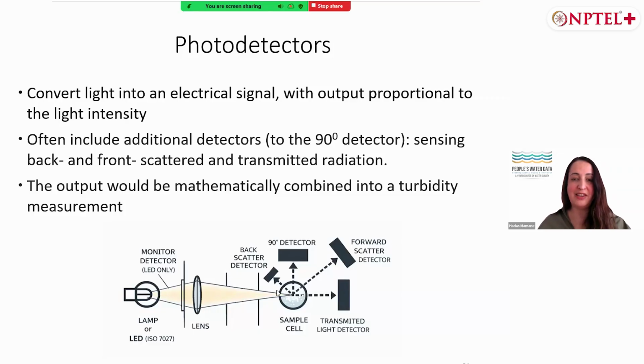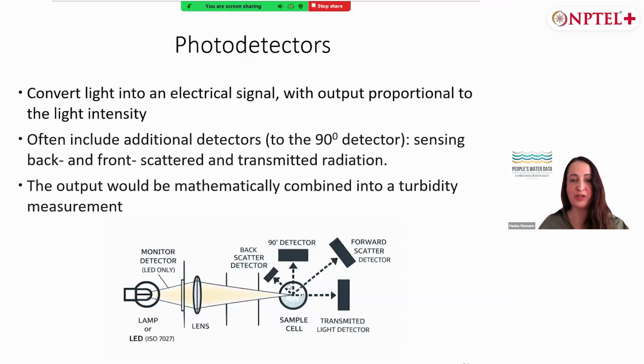What we learned is that the photodetector is at 90 degrees to the light source, but we also have advanced turbidity meters that can sense the back and the front scattered light, and also the transmitted radiation and the forward scattered detection.